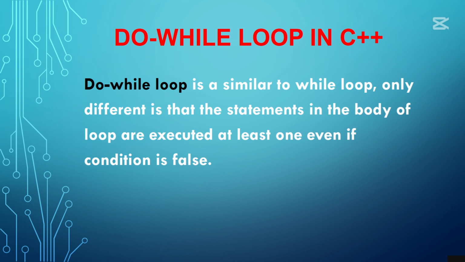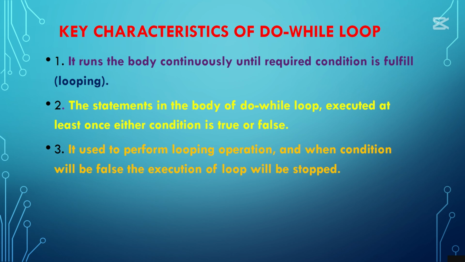So let us see the key characteristics of the do while loop. First one is this: it runs the body continuously until the required condition is fulfilled. That's what you call looping. It means it runs continuously until the condition is fulfilled.